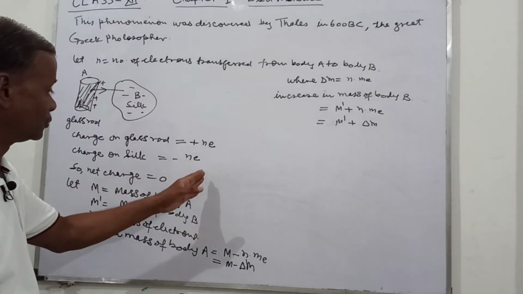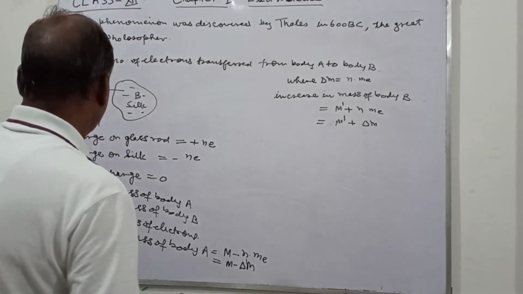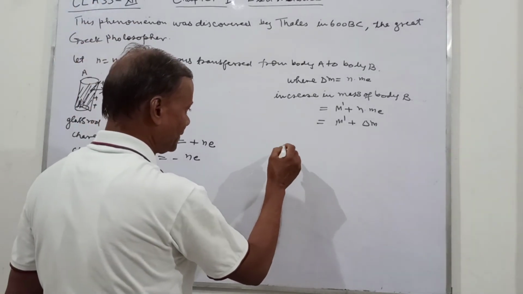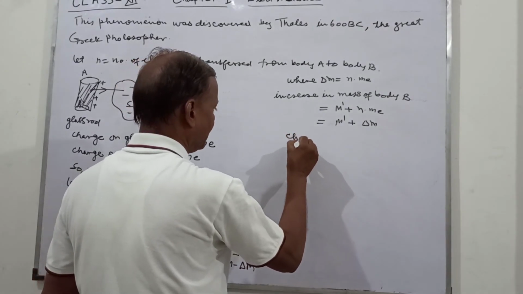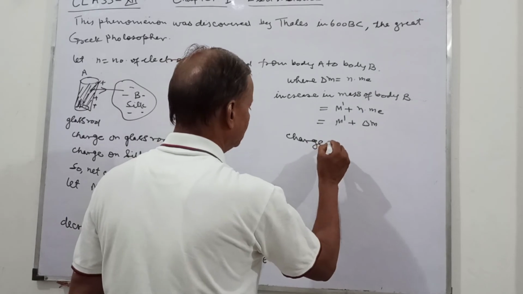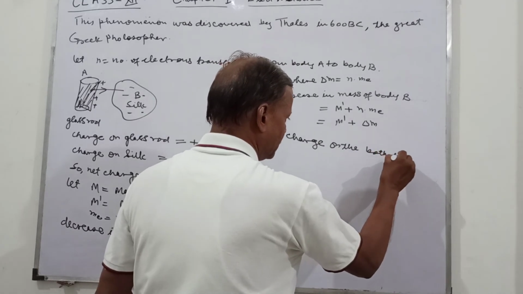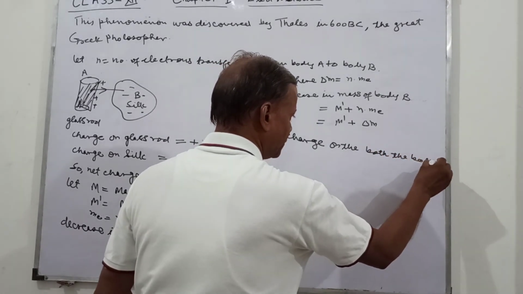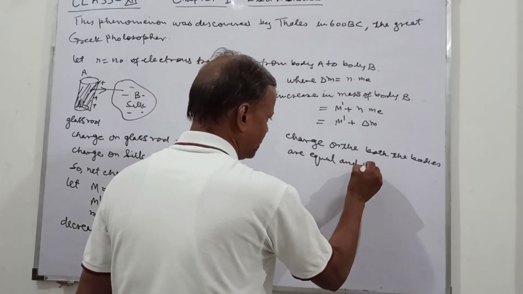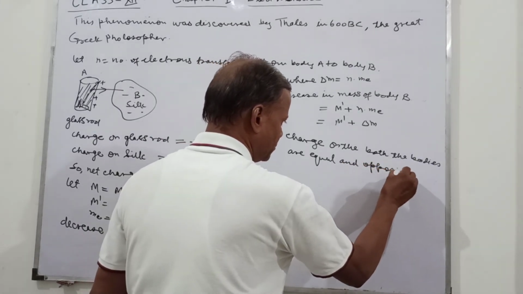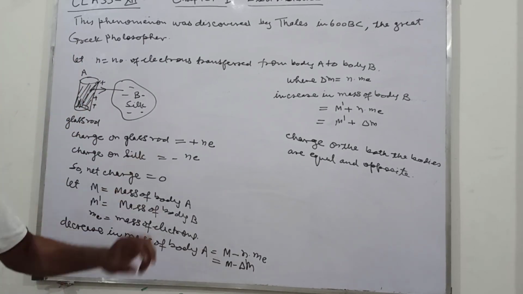The charges on both the bodies are equal and opposite, so the net charge is 0.